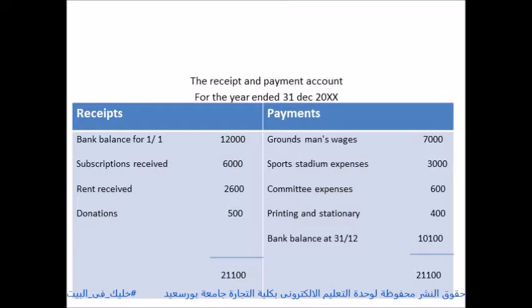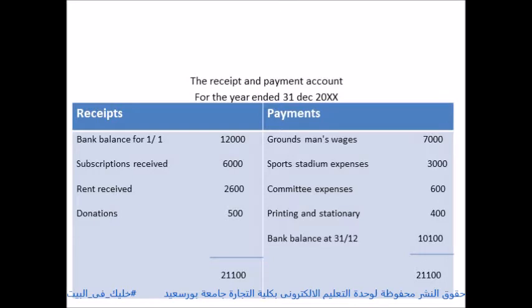So, in the debit side, we record all the cash receipts, while in the credit side, groundsman's wages 7,000, sports stadium expenses 3,000, committee expenses 600, printing and stationery 400. So the credit side includes the cash payments.